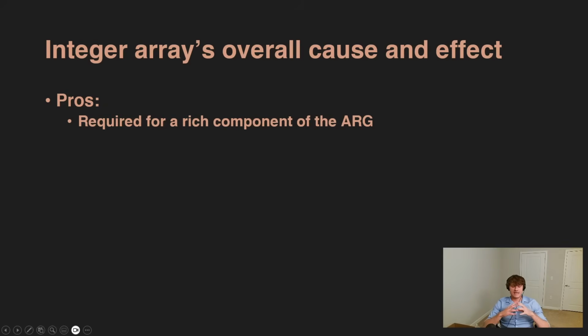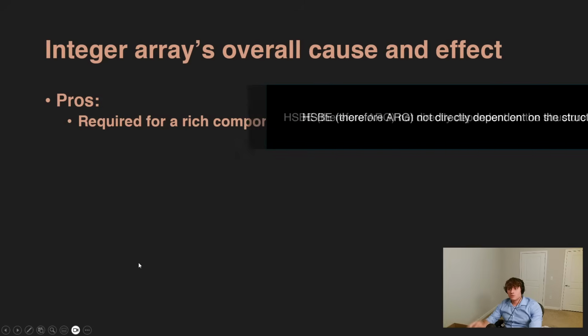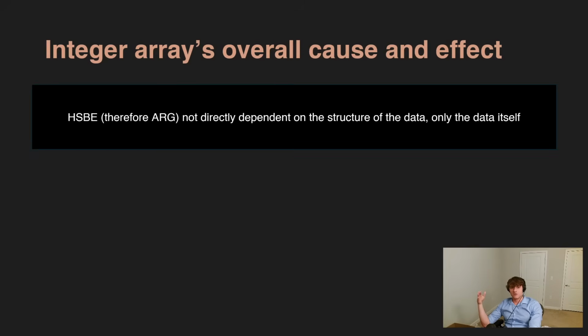So now that we understand this, the question is the integer array's overall cause and effect on the game, on the ARG, valid? The supposed pros for this we were given at the beginning of the video through the comment was that this is required as a rich component of the ARG. But based on what we just looked at, based on the source code of the HBSE, it's not directly dependent on the structure of the data.